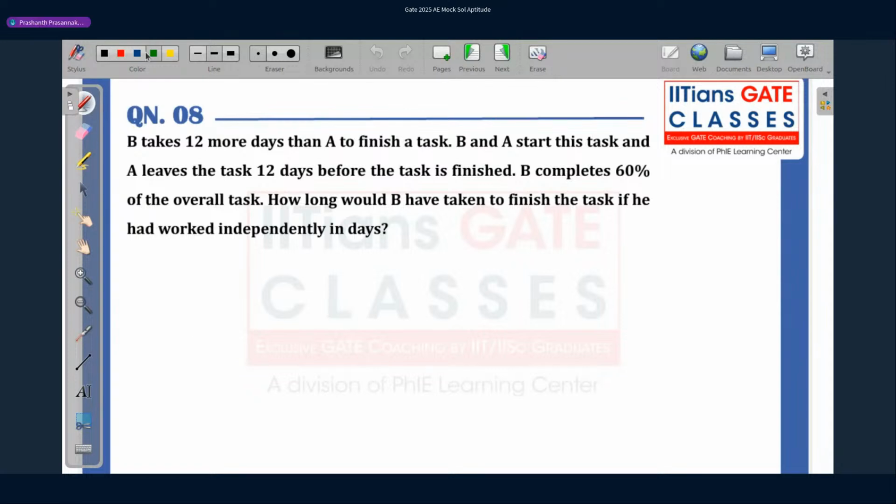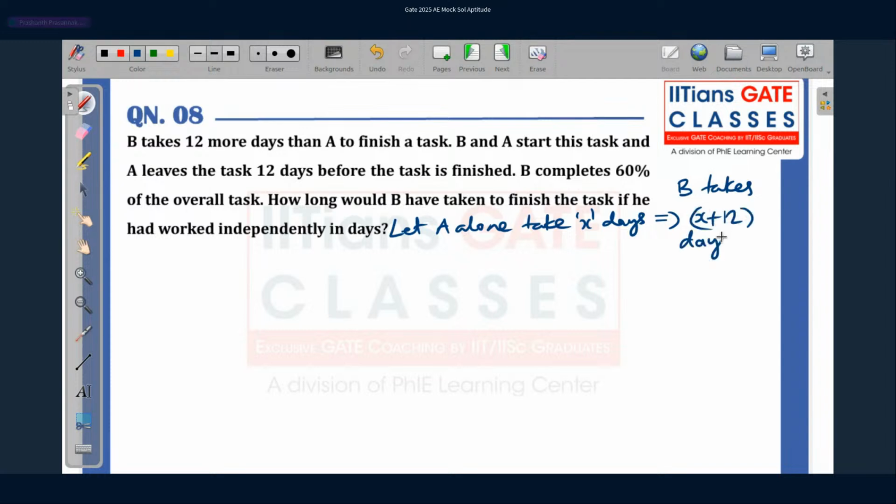Okay, fine. Let me start. So let A alone take X days. This will mean that B takes how much? 12 more days. So X plus 12 days, and this is working alone.